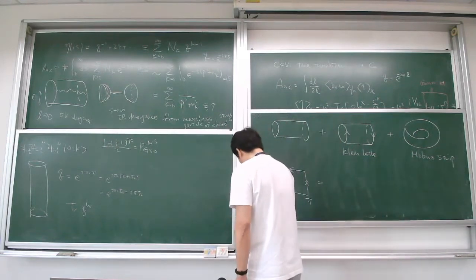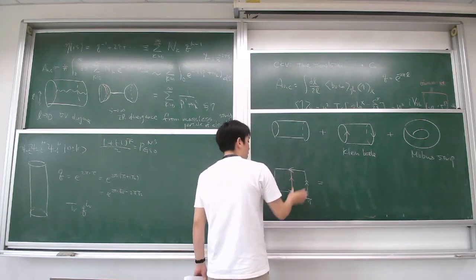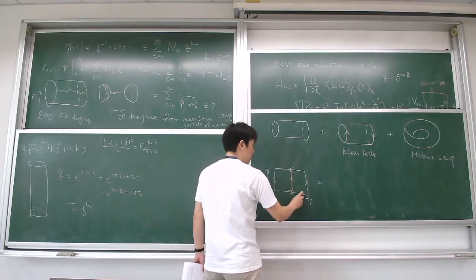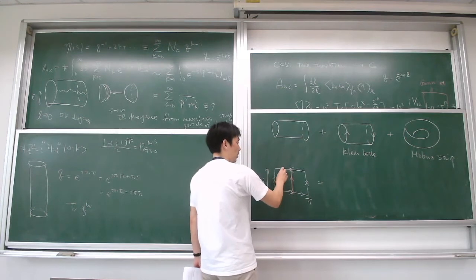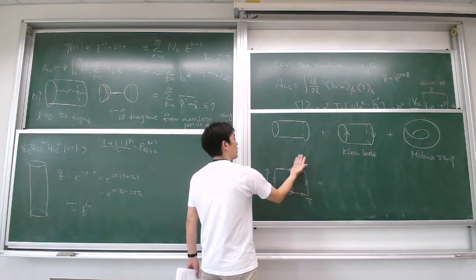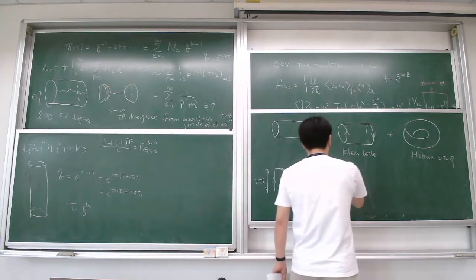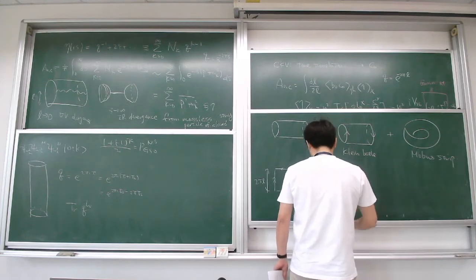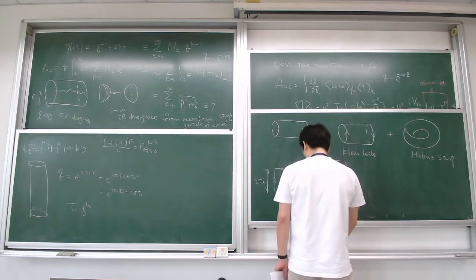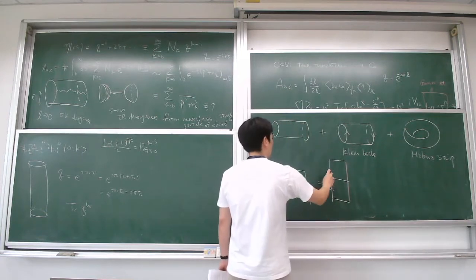This can be understood by cutting in the middle, and putting the orientation and bringing this piece. This one part has to be identified with this part. So just bring this piece and swap this one to here, and what you get is something like this one and this one.